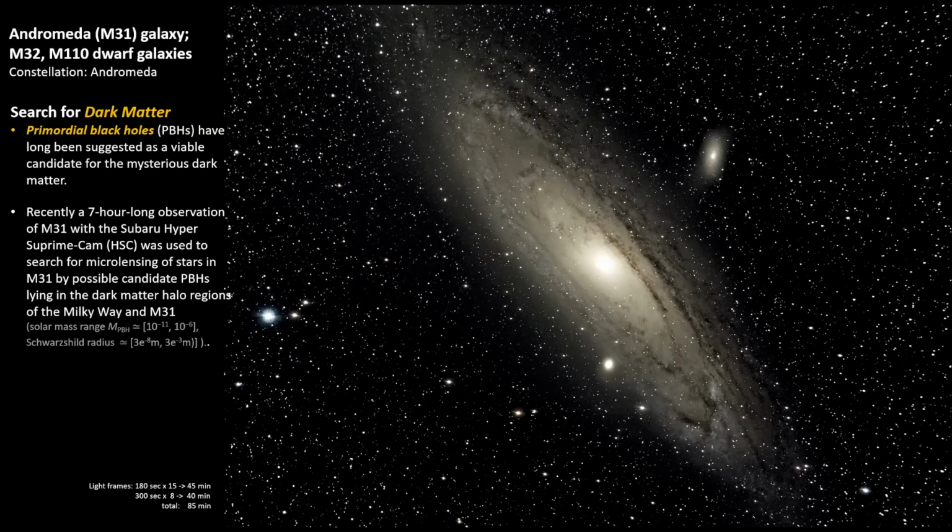Primordial black holes have long been suggested as a viable candidate for what this mysterious dark matter is. Primordial black holes are unlike the black hole at the center of quasar 3C273 or the black hole at the center of M87. Those are massive black holes.